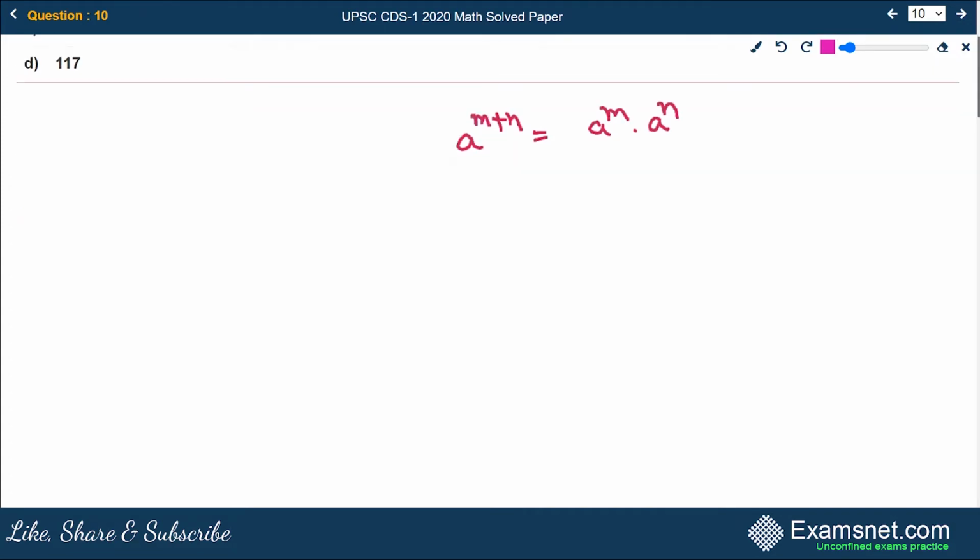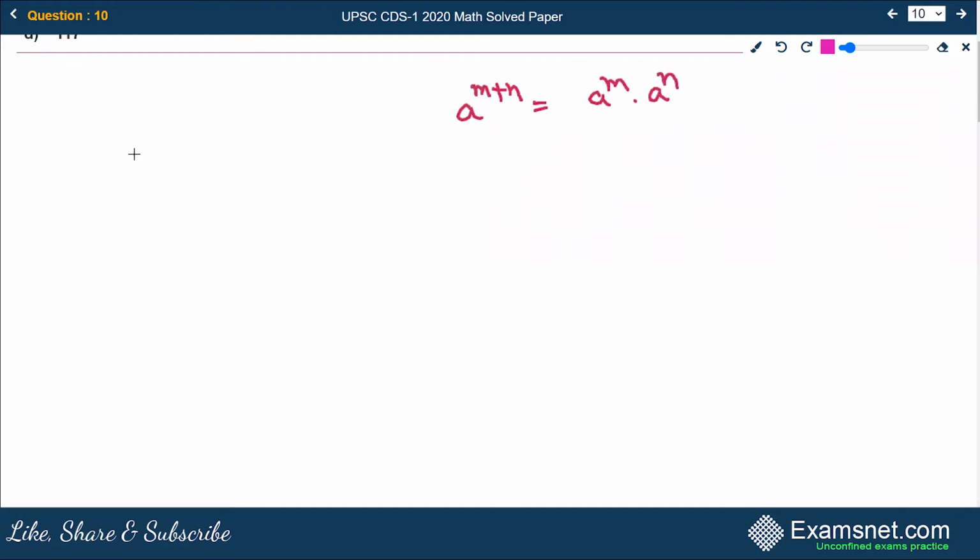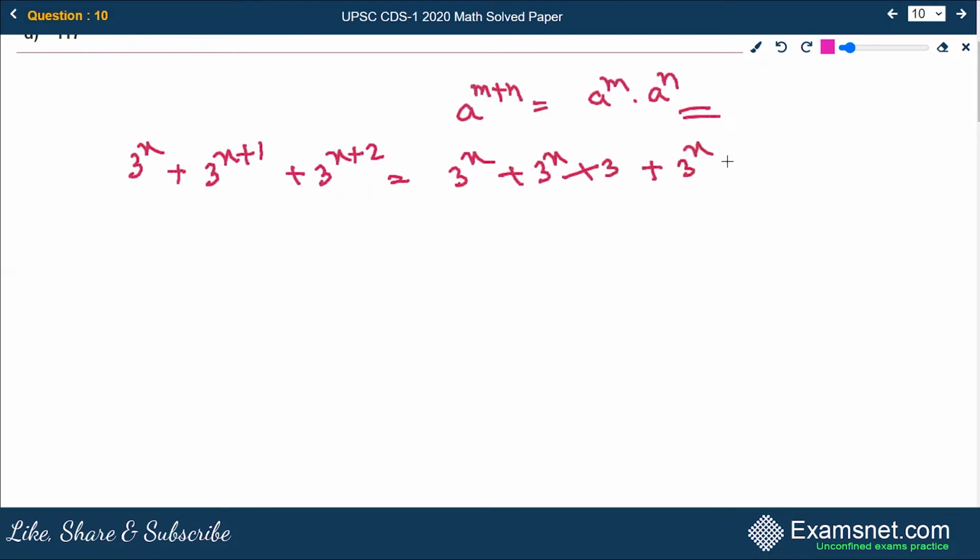Now let's write the given expression: 3^x + 3^(x+1) + 3^(x+2). Using this, I can break it as 3^x + 3^x multiplied by 3 + 3^x multiplied by 3 squared. After taking 3^x common, it will become 1 + 3 + 9, that is 3^x multiplied by 13.